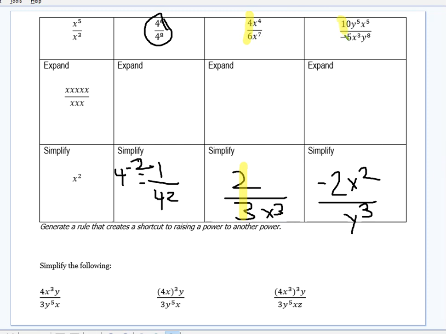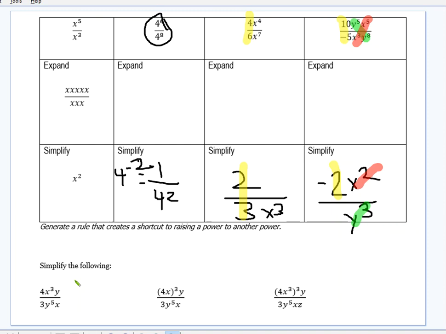The last one simplifies here because it's just a fraction, negative 2 over 1, or just negative 2, and then our y's simplify to y to the 3rd in the denominator, and our x's simplify to x squared in the numerator. So go ahead and complete these last couple problems.